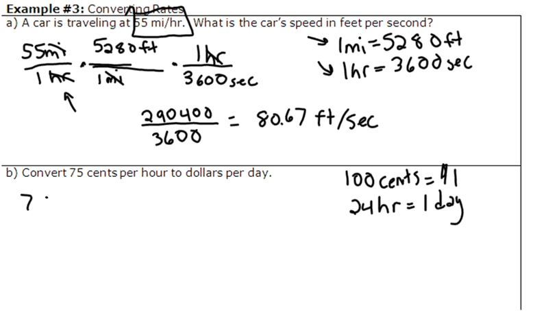I have 75 cents per hour, so per 1 hour. In the numerator, I want to change cents to dollars because that's dollars per day. So in this conversion, since I want the top to go from cents to dollars, the dollar would go on the top, the cents would go on the bottom.